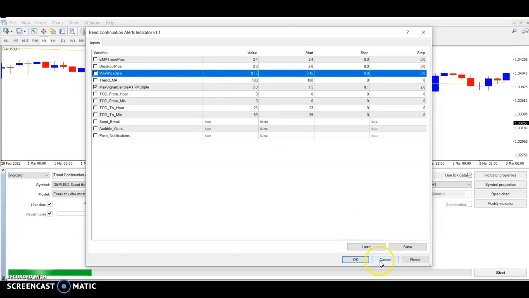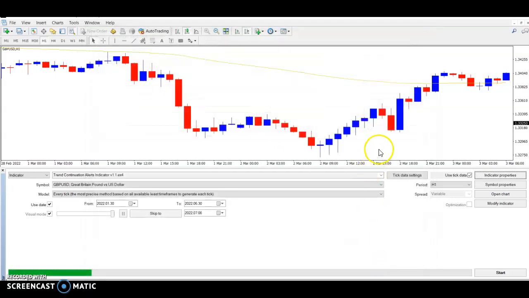Maximum wick size. This one I very rarely change, because this is purely the size of the wick in relation to the whole candle. What we can see here is we opened here and we had lots of buyers, then a little bit of selling pressure, which then made the candle close here.